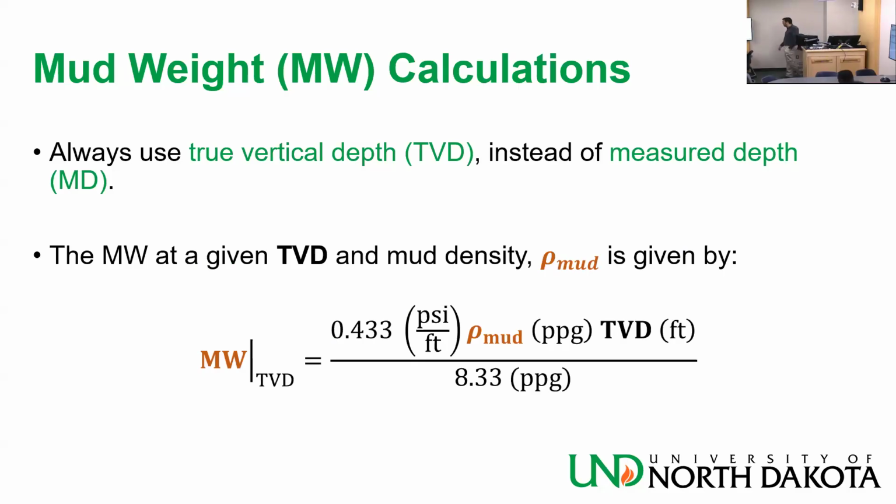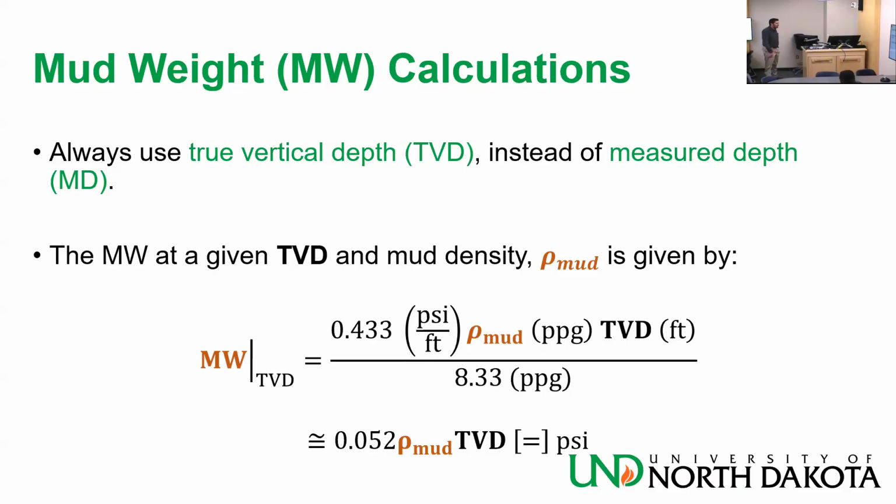The mud weight pressure in psi at the bottom of TVD depth is given by 0.433 psi per foot, that is the pressure gradient of fresh water, divided by 8.33 ppg, the density of fresh water in oil field units, pounds per gallon, multiplied by the density of the mud in ppg times TVD in feet. That becomes 0.052 times density times TVD.